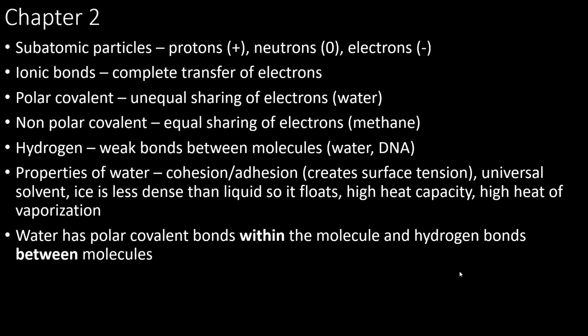Polar covalent bonds are going to have a kind of pole setup where one side's a little more negative and the other side's a little more positive, thus the polar part. Nonpolar covalent bonds have equal sharing, and so there's not a pole based on their positive or negatives, and that's something like methane.